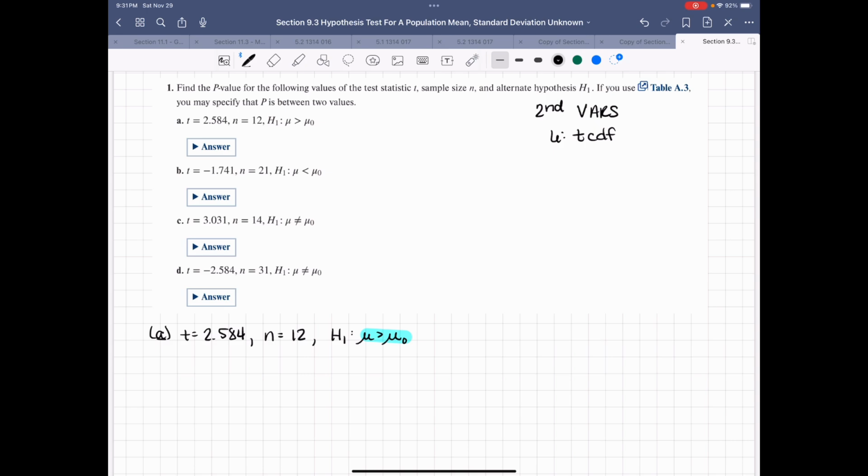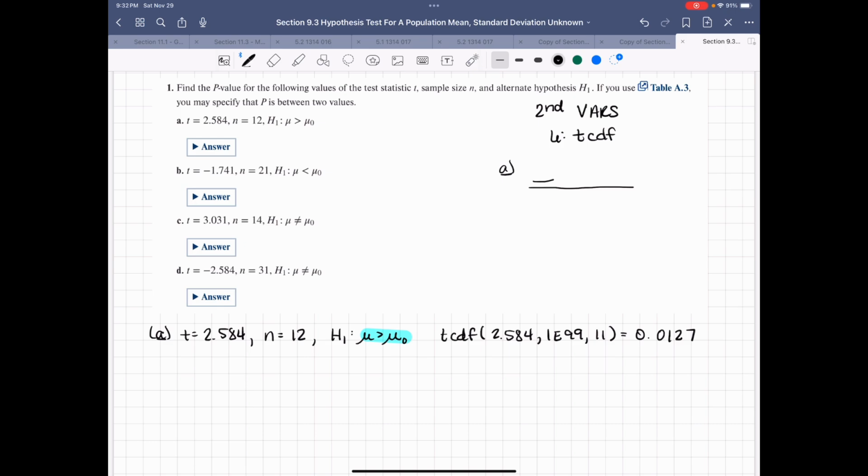We have t-CDF, we're going from 2.584 to 1E99. Our degrees of freedom are 11, and we get 0.127. Whoops, sorry, I forgot a 0, guys. 0.0127.